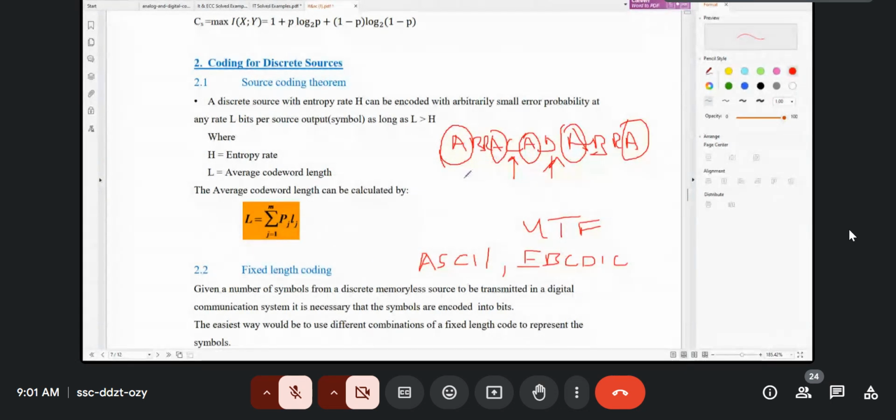Because suppose you decided to use, let's say, 1 bit for C, then C will only contribute 1 bit.